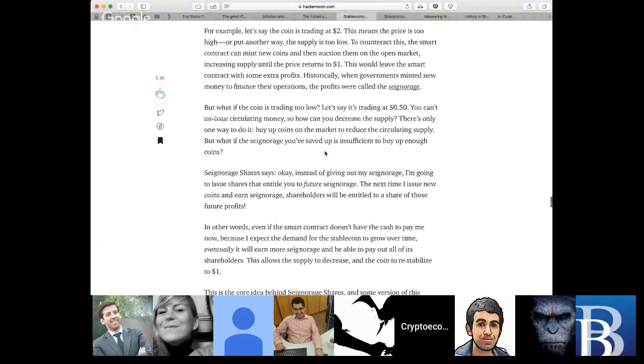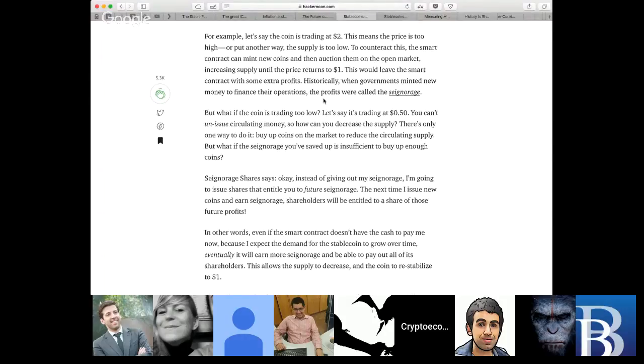Just to give you an idea, if the stablecoin is not stable because the price is above what it should be, then you have to remove some stablecoins from circulation.